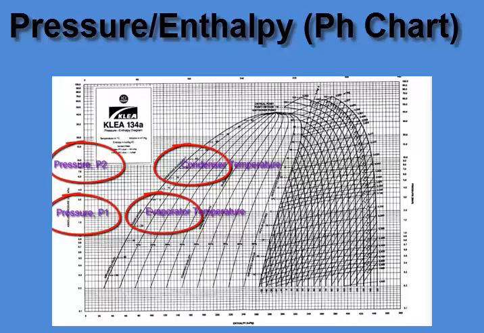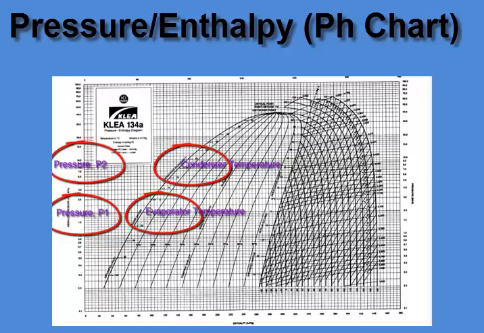So in a problem that you might encounter, you will always be given either the two pressures, the low pressure and high pressure, or the two temperatures, the evaporator temperature and the condenser temperature. So with those two values, either of pressures or temperatures, we can proceed to draw the ideal refrigeration cycle.